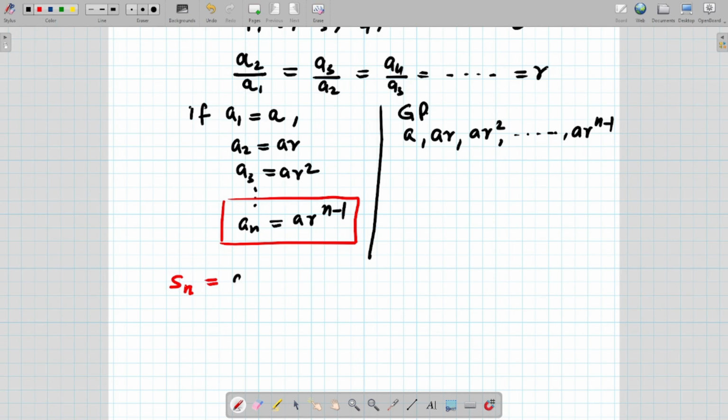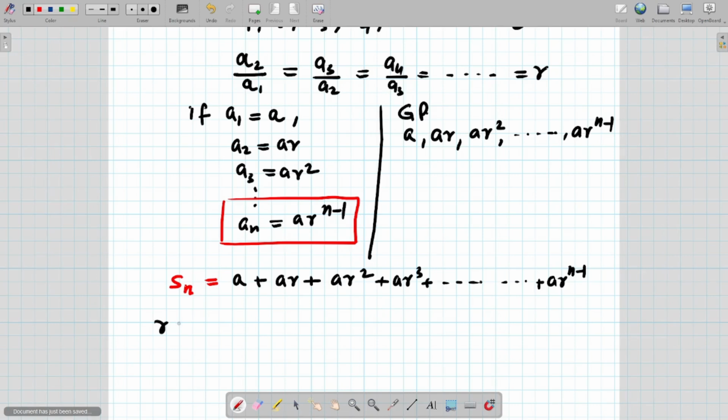We can write a, ar, ar square, ar cube and so on, and last term क्या है? ar^(n-1). Let's multiply by r times Sn. Let us say multiply by r into Sn. What shall we get? a को r से multiply करोगे क्या मिलेगा? ar.